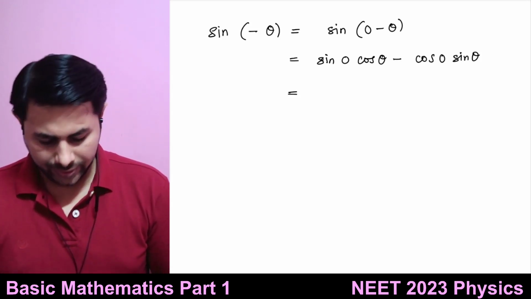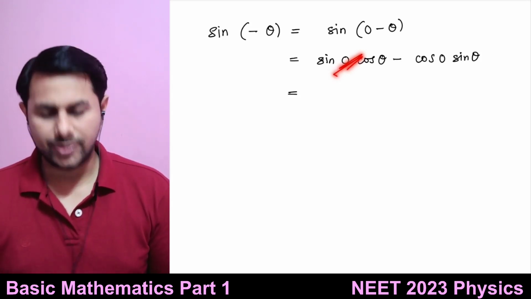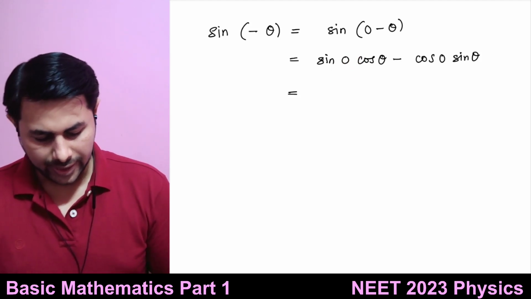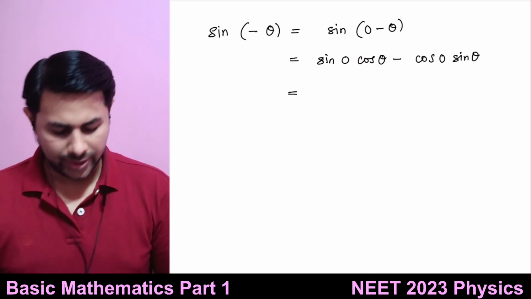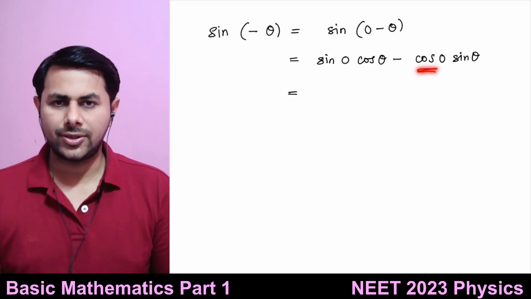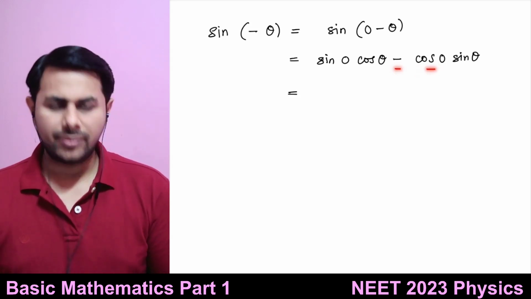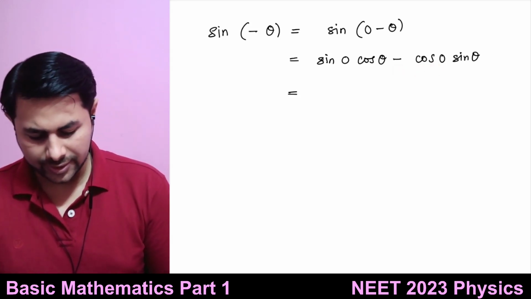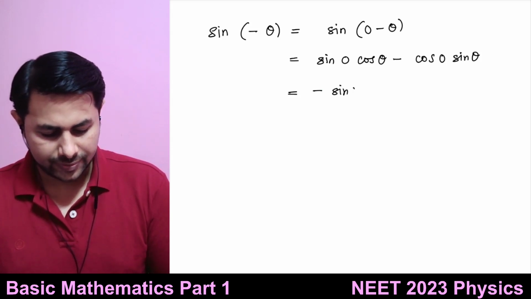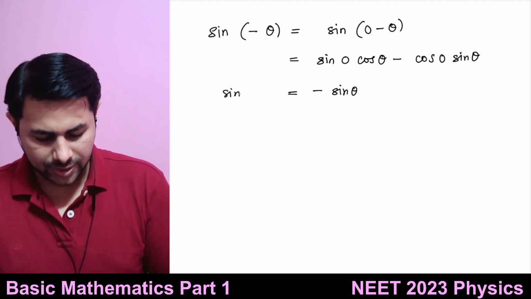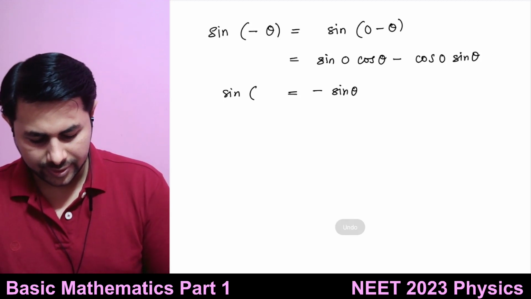Sine 0 is 0, so the first term becomes 0, and we are left with the second term only. Cos 0 is 1, so it is minus 1 multiplied by sine theta, that is minus sine theta. So this is sine of minus theta.